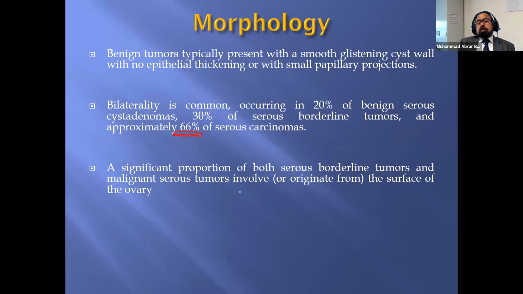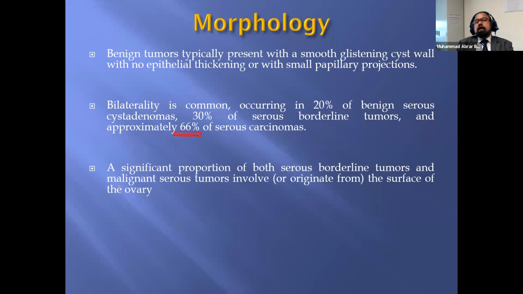A significant portion of both serous borderline tumors and malignant serous tumors involve the surface of the ovary. So when you handle the ovary and you see a small, glistening, shining ovarian tissue, you will say probably it's benign.